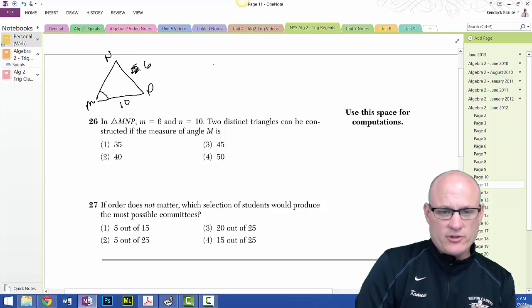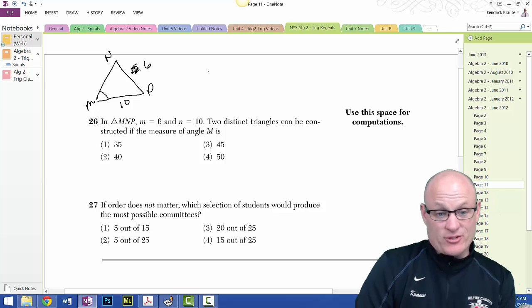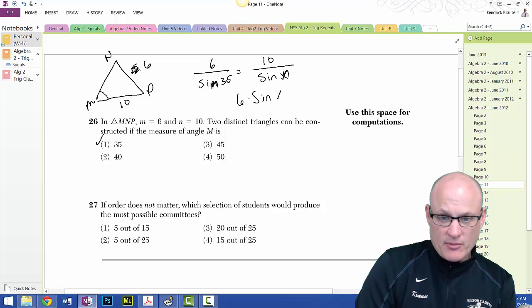So I would have to do, well, I'm just going to try it. I'm just going to try the first one. I always try small angles first. So I'm going to try if angle m is 35. So I'll do 6 over sine of 35 equals 10 over sine of n. I'll cross multiply. I get 6 times sine n, or sine, this should be n, by the way.